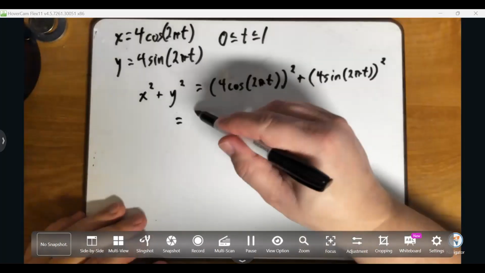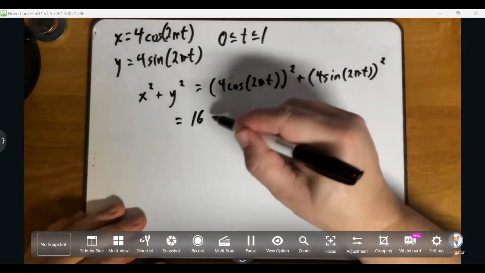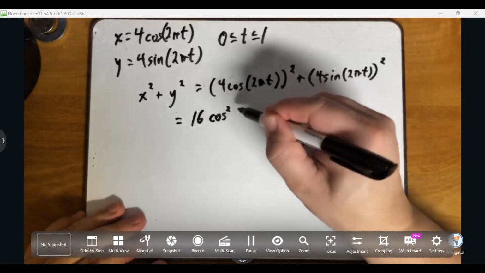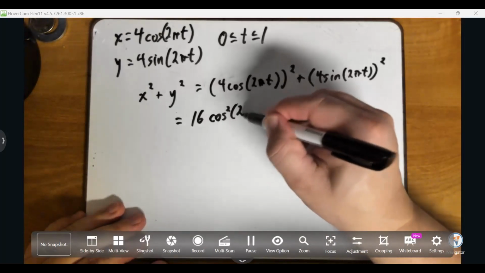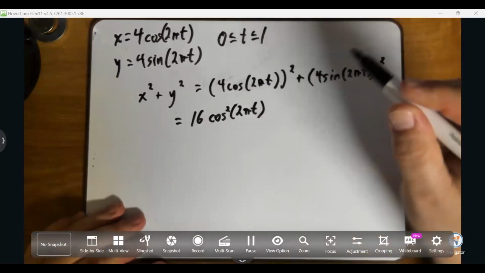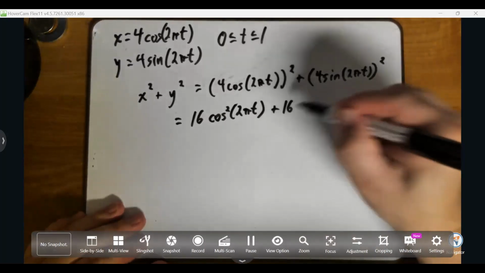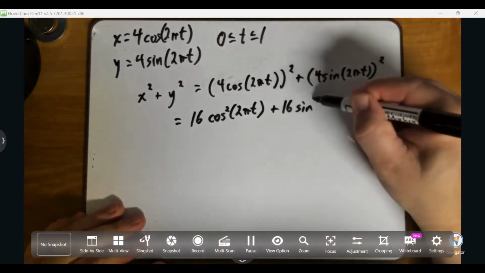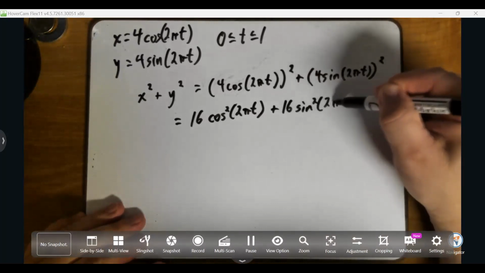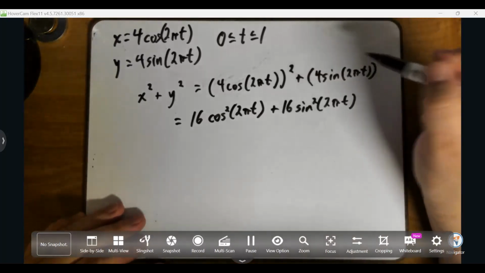Okay, so that gives me 16 cosine squared 2 pi t plus 16 sine squared of 2 pi t.